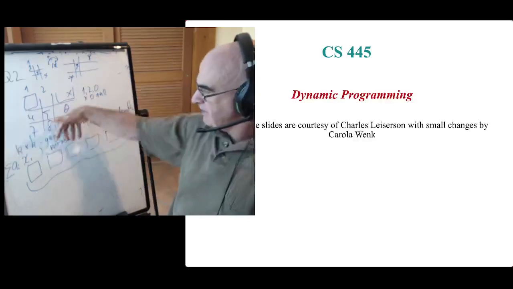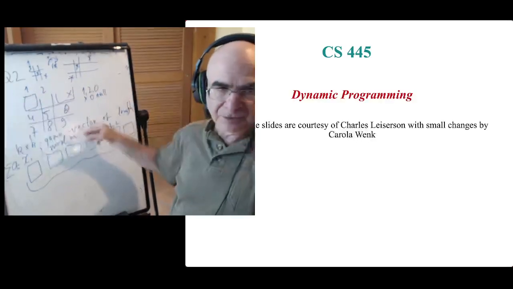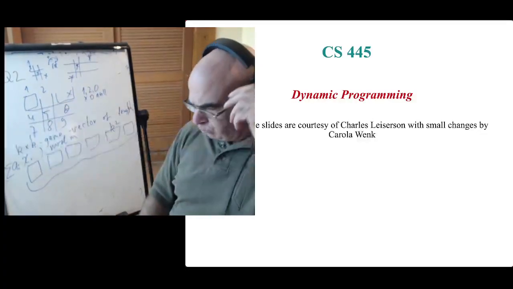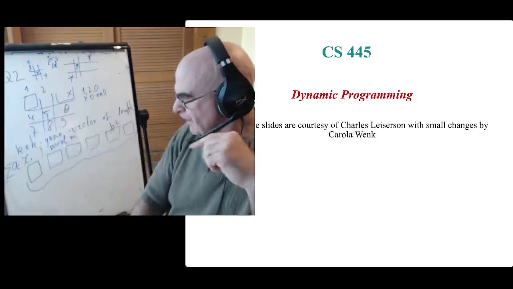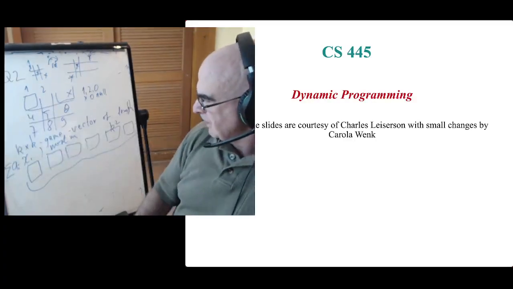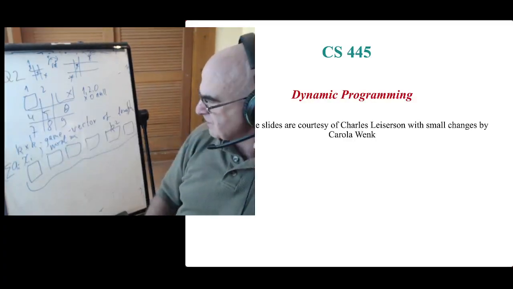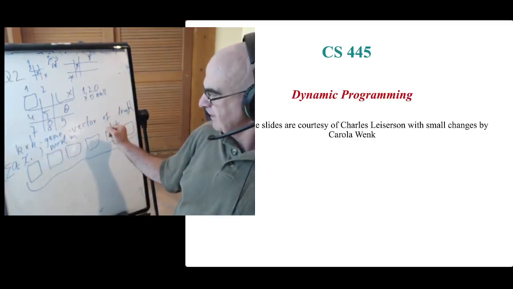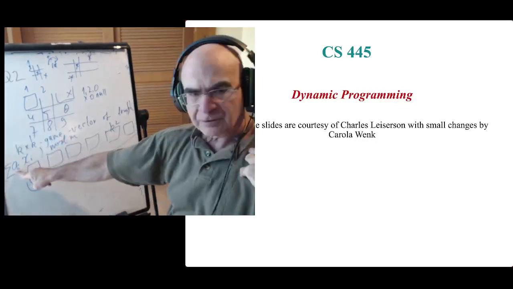So I have 8 values that I can get based on all the rotations by 90 degrees, and flipping, mirror symmetric flipping. Each one gives me a different value.